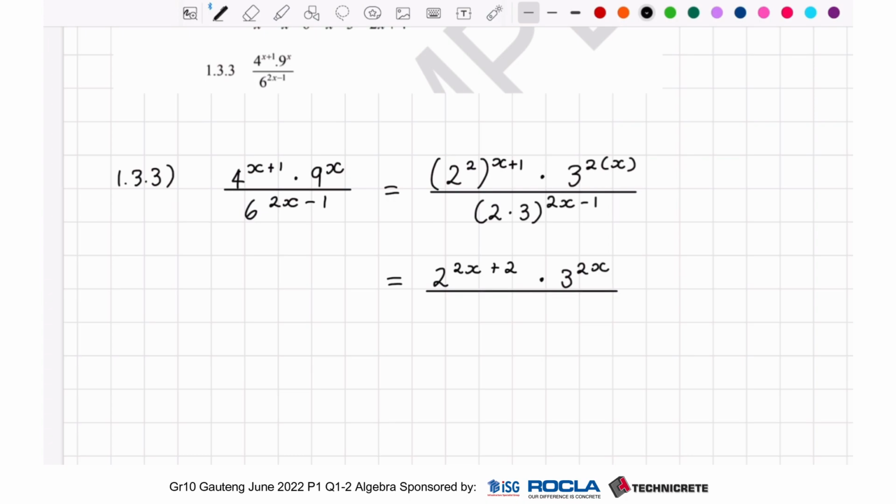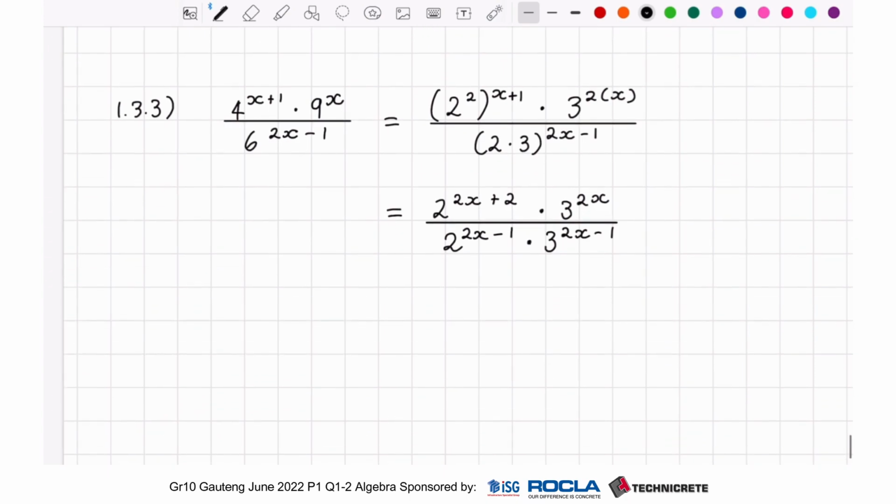And then at the bottom, I'm going to separate these bases, so I have 2, which has 2x minus 1, multiplied by 3, which is also raised to 2x minus 1. Okay, and then I know that when I have an exponent that is an expression of x, like this 2x plus 2, and I have a base 2, then that's the same as having this base 2 to the power of the first term of the expression multiplied by the same base 2 to the power of the second term of this expression.